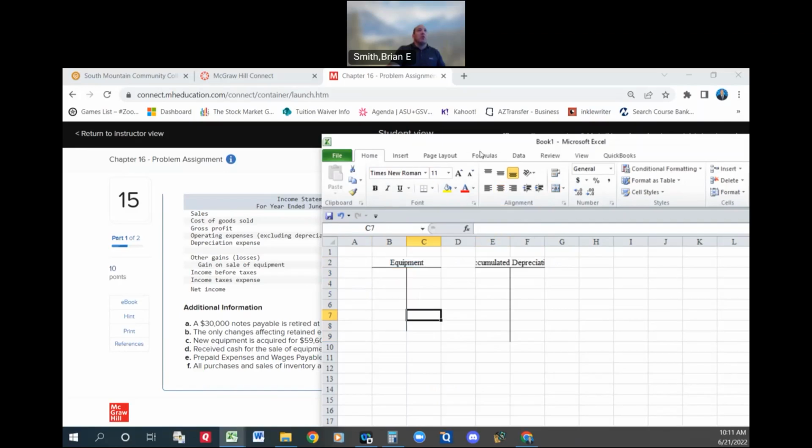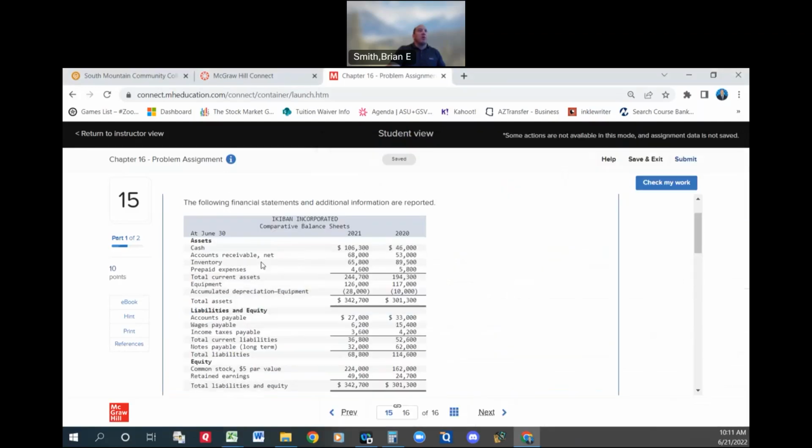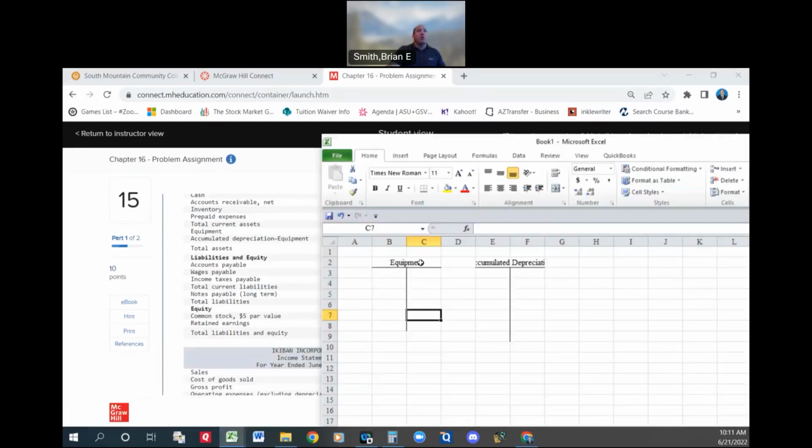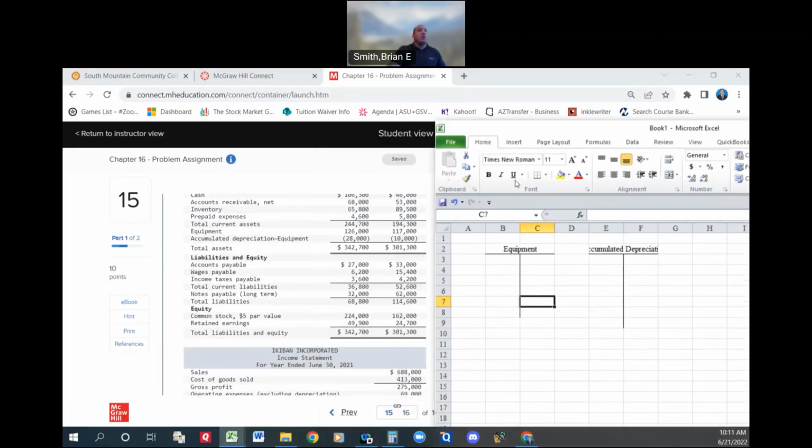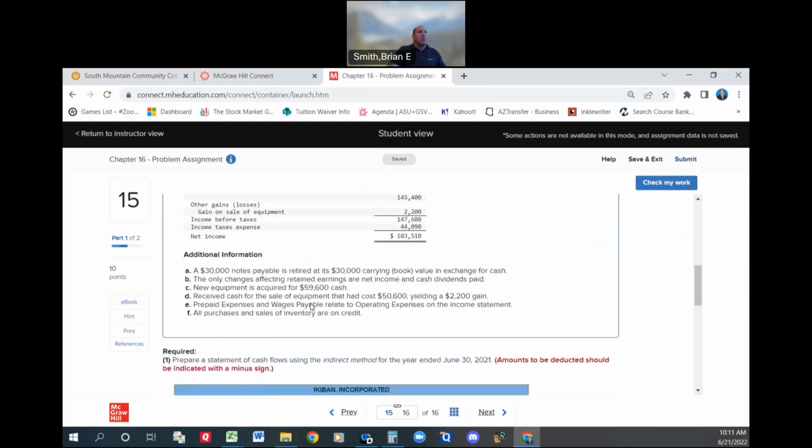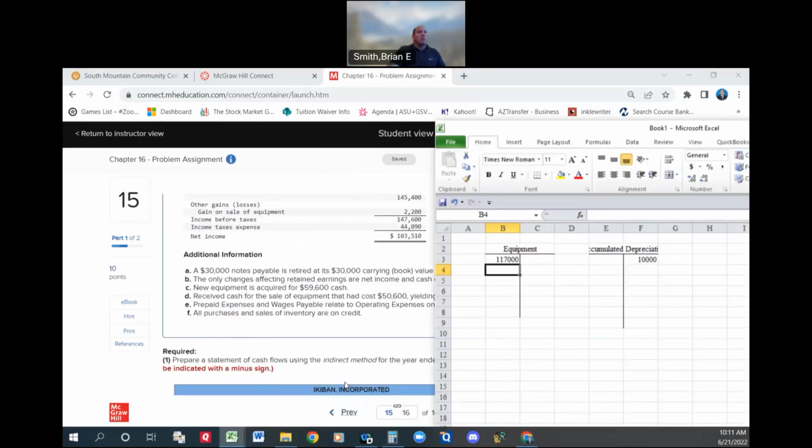All right. So in our equipment, come up here and I'll reopen it here. In our equipment account, we started off with $117,000. Our accumulated depreciation had 10,000. We know that we sold equipment, or wait, hold on a sec. New equipment is acquired for 59,600, and then we sold equipment for 50,600.